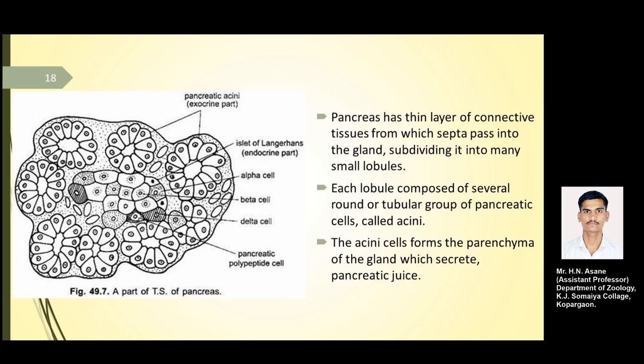Their shape is pear shaped, and they are short tubular groups of pancreatic cells at the tip of the inner tubular ducts, as you can see, at the tip of the inner tubular ducts.